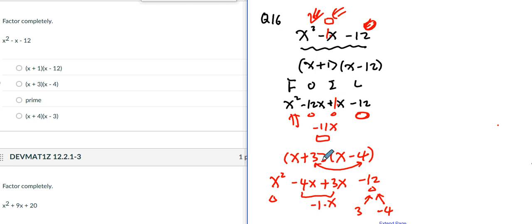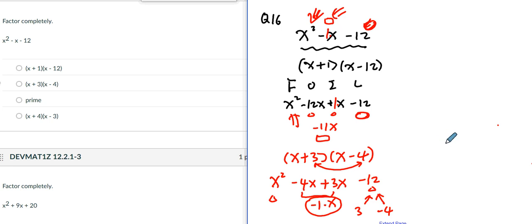So when you split negative 12 into 3 times negative 4, you add 3 and negative 4, you will get negative 1x, which is the one we want.